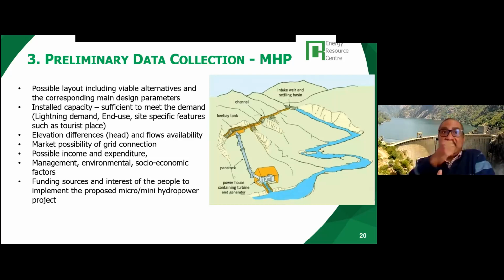And the other important thing, of course, is that hydropower generation has two very important parameters. One is the elevation difference between the potential location of the weir and the powerhouse, so this head available, and also the flow, the stream flow, the water available in the river.